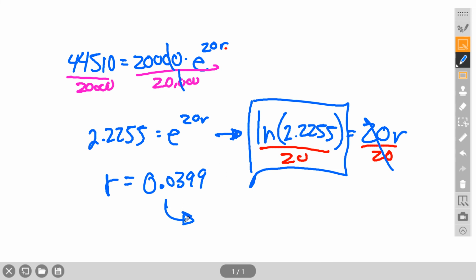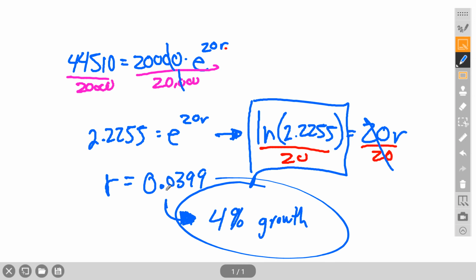Now, if I were to give an estimate or approximate of what percentage this is for my growth rate or my rate of increase, I would say this is about a 4% increase. You move the decimal over, you multiply by 100, it's like 3.999 or 4% growth.